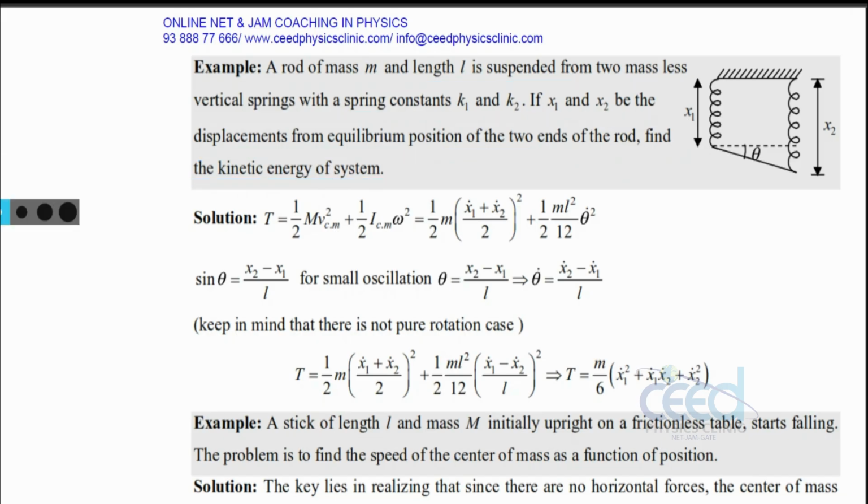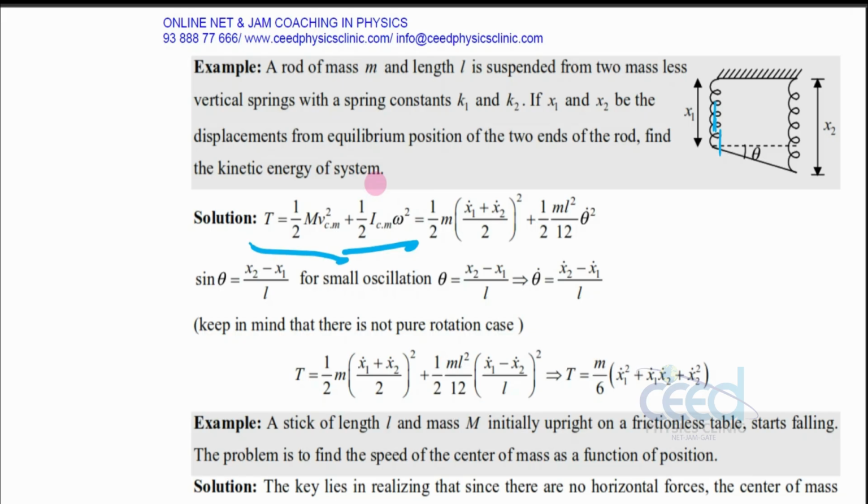First of all, this is a two-spring system, so the center of mass is translating. So half m v center of mass squared, and as the spring oscillates with angular frequency omega, about the center of mass the oscillation gives half I omega squared. That is the oscillatory kinetic energy.